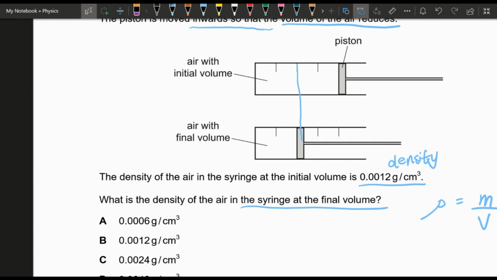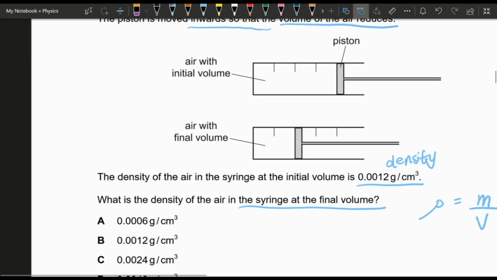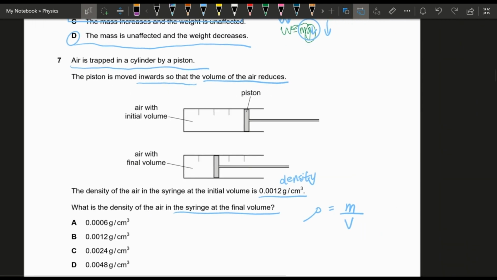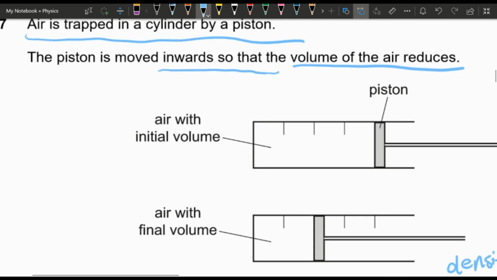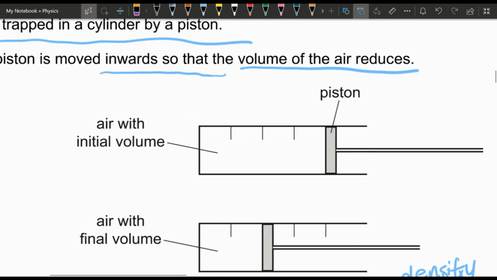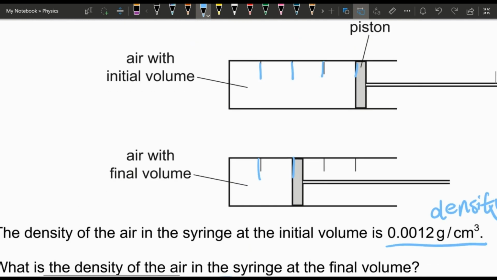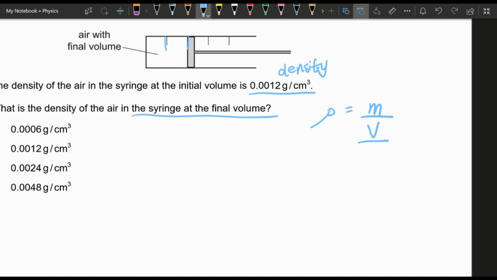So obviously, if the volume, which is one, two, three, four, became half, right?